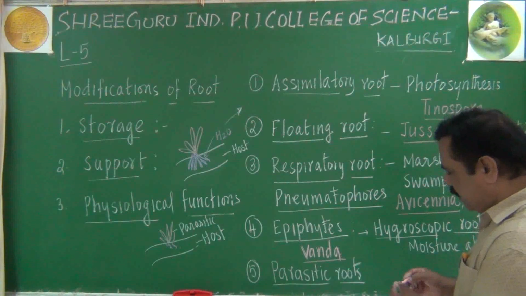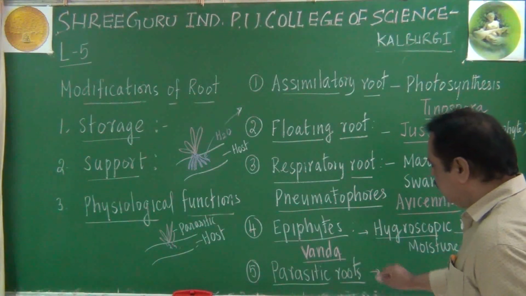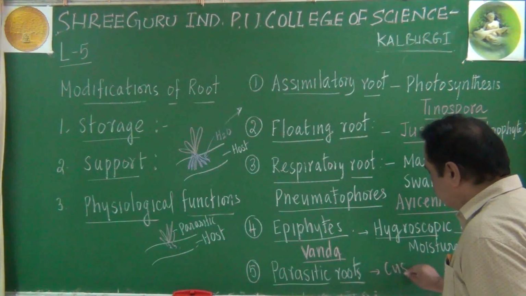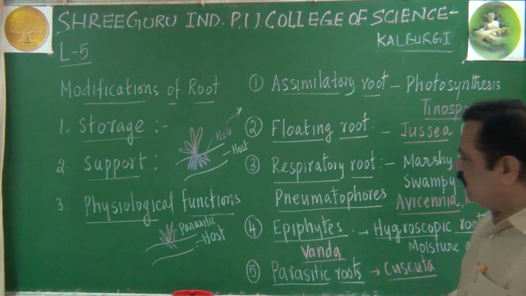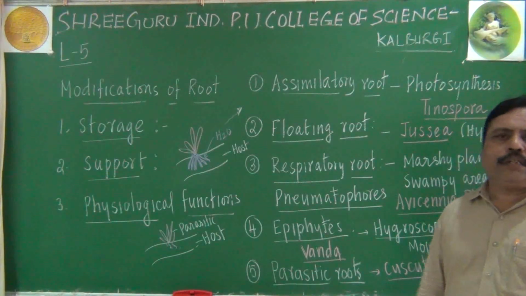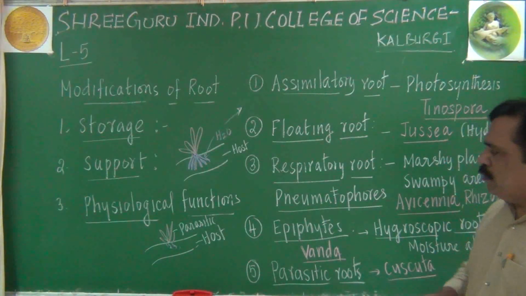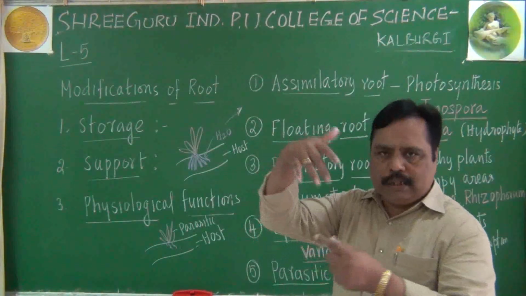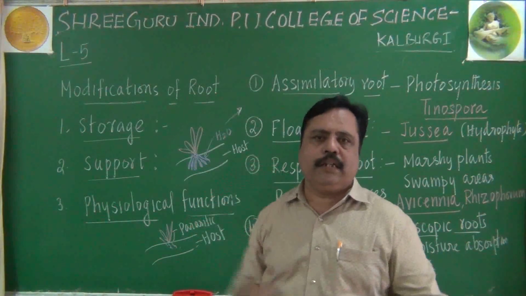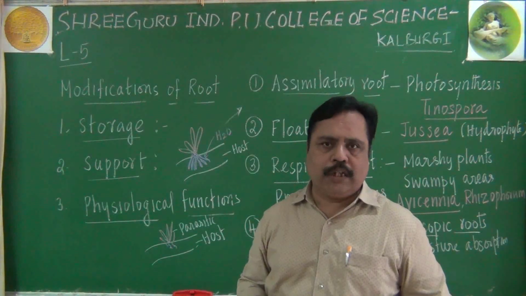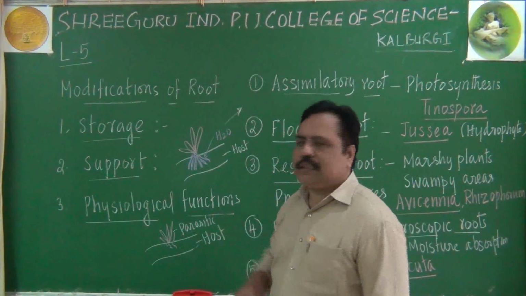Parasitic root is seen mainly in a plant called Cuscuta. Remember, Cuscuta. That is the plant where we come across parasitic roots. The root will penetrate into another plant, and from their xylem and phloem they will take food and water. That is called a parasitic root.